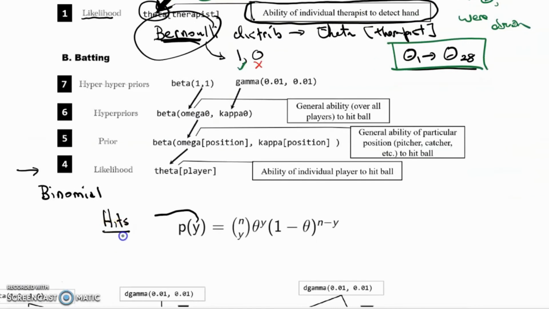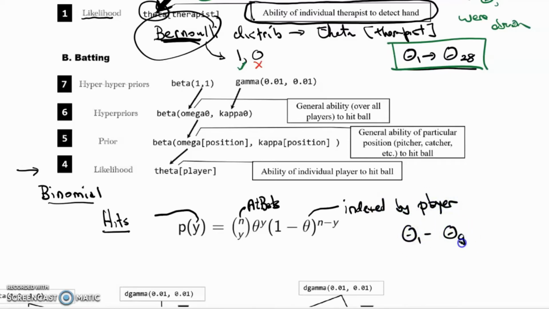The likelihood function is going to be a binomial distribution parameterized by n, which is at-bats, and theta. Theta is going to be indexed by player, so we're going to have theta 1 to theta 948.